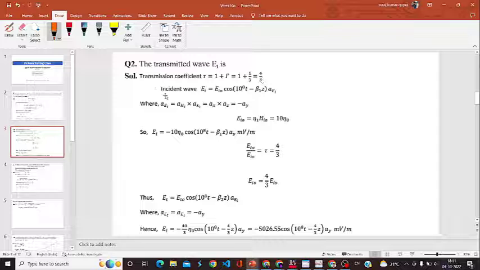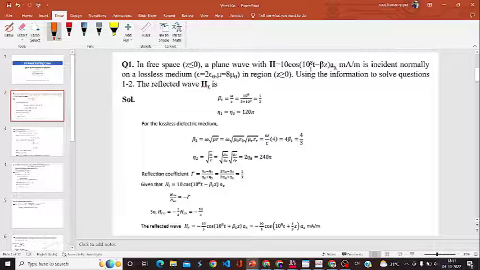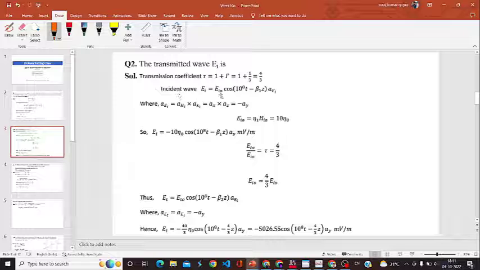Now we have to find the transmitted wave of the electric field. Here, in the previous problem, the incident magnetic field is given to us. So by using this incident magnetic field, we will first find the value of the incident wave of the electric field, and then by using this incident electric field, we will find the value of the transmitted wave.